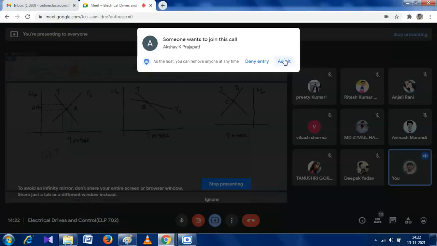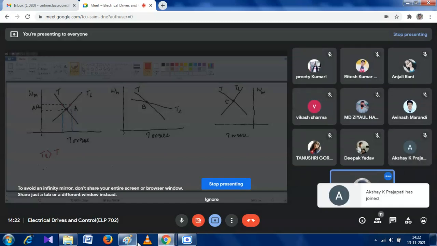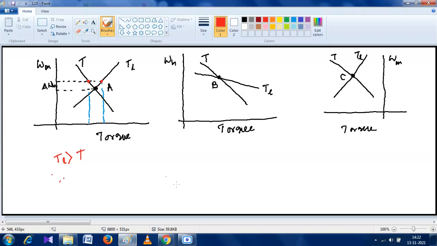And what about B? Tell me whether B is stable or unstable.